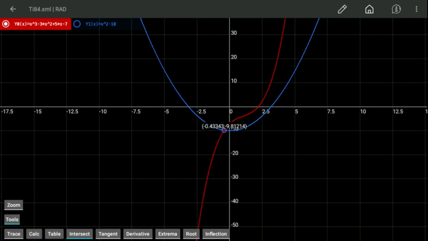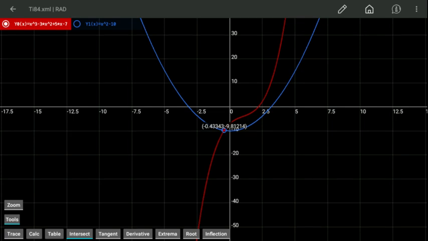So the x value that these two functions have in common, in other words, if I set x cubed minus 3x squared plus 5x minus 7 equal to x squared minus 10 and solved that, would be approximately negative 0.433. The y coordinate, when I plug that in, is negative 9.81214.